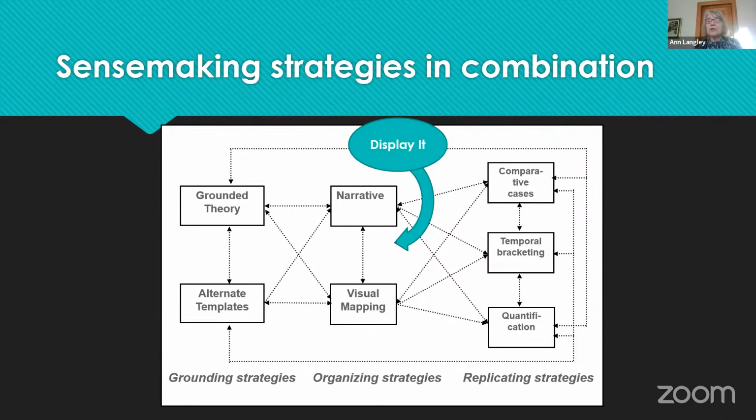I'm going to talk about two strategies that I mentioned in my paper, which are narrative and visual mapping. So there are two different ways of displaying. The first one is displaying your data in terms of words, and the second one is in terms of drawing, in terms of pictures.